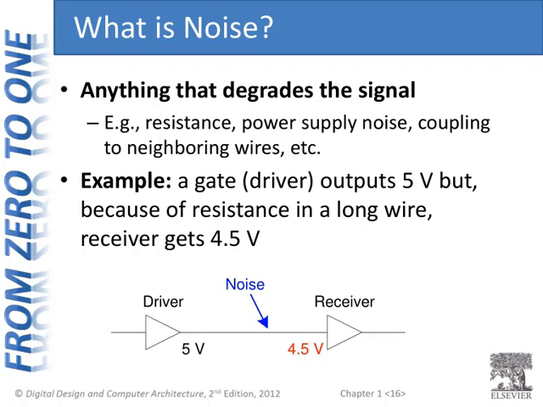So what are these things in an electrical system? In a digital system, resistance can degrade the voltage levels. The power supply can vary. If you're running off a battery, as that battery goes lower, your power supply, your 5 volts, is going to droop a little bit as different devices demand different values of current.